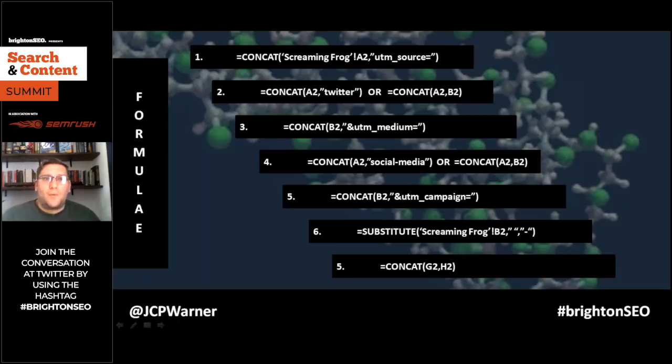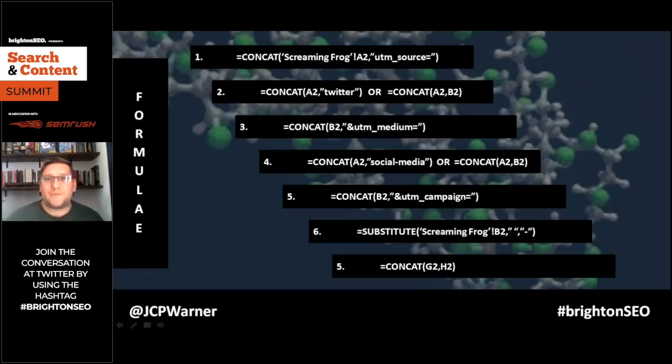So we open up a new tab. We call it something like concatenate, and we just carry out a series of formulas. So first one, we'll pull in the main URL, and we'll add the UTM source actual text to it.